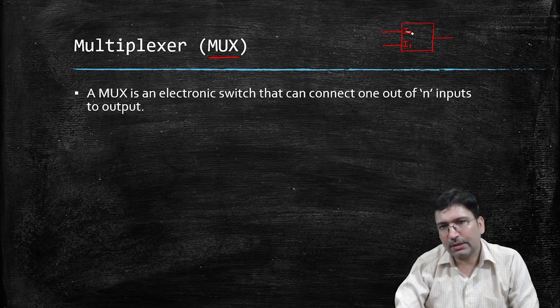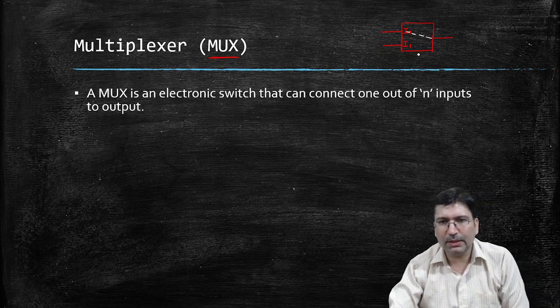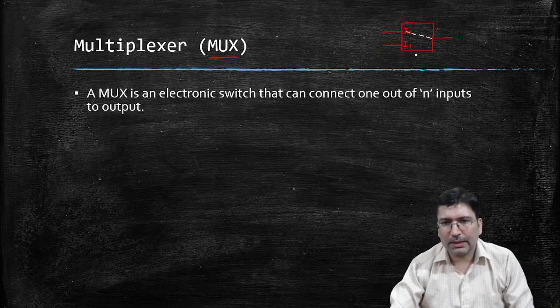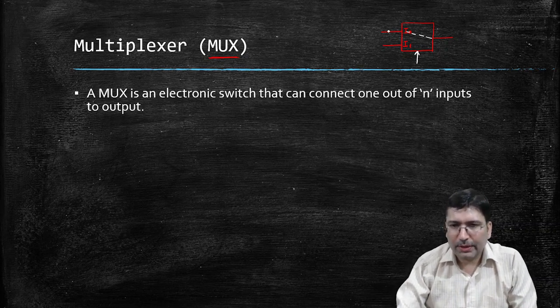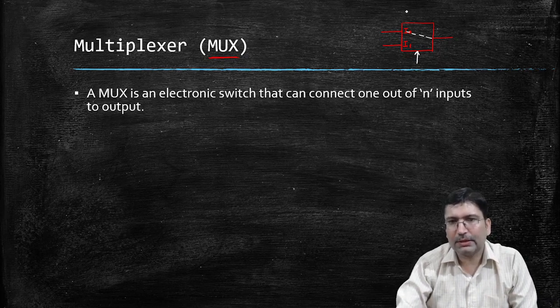So these inputs will be switched to the output based on the select line. In case there are two inputs, there will be only one select line. How do we calculate the select lines? Later on we will see. So this is a 2 cross 1 mux.